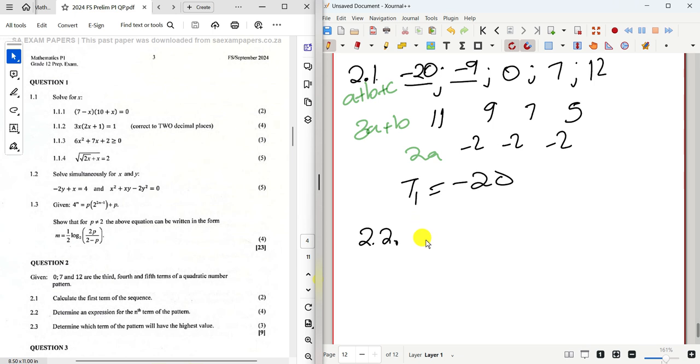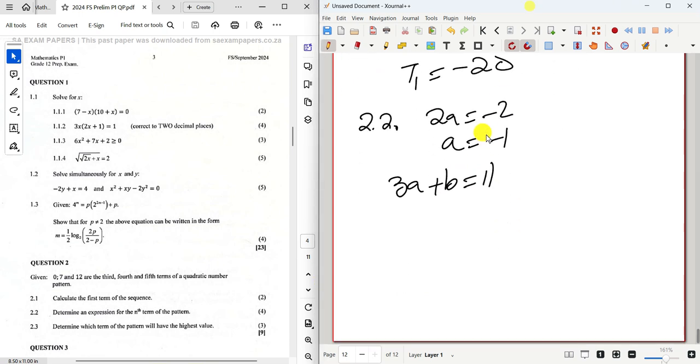So 2a equals negative 2, which implies a equals negative 1. 3a plus b equals 11, so 3 into negative 1 plus b equals 11. I do see that b equals 14.